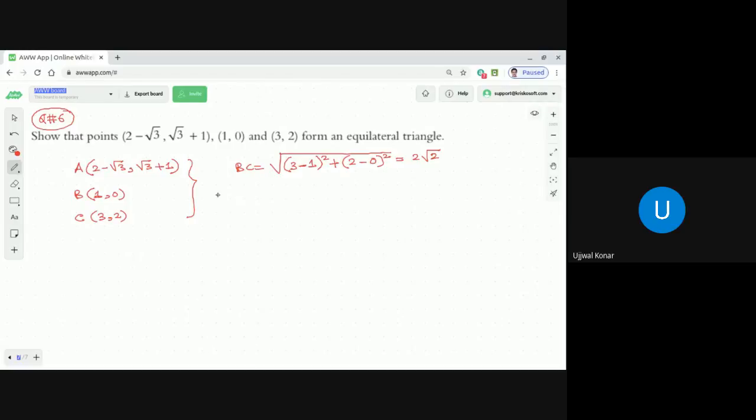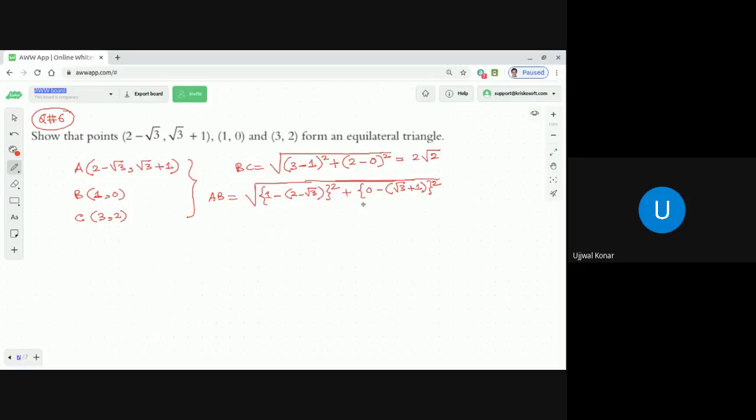Let's find it out. So then we are going to find AB. What is AB, dear students? AB, if you find it out, is x coordinate of the point B, that is 1, minus 2 minus root 3, correct now? Plus y coordinate of the point B, that is 0, minus root 3 plus 1.